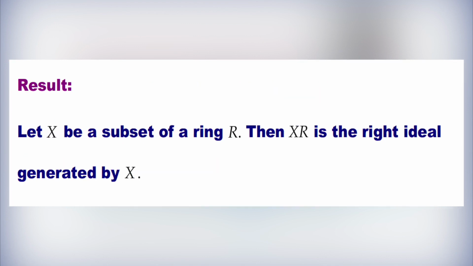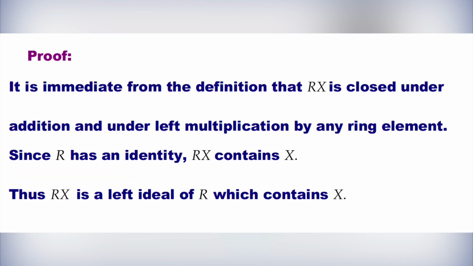Let us see a result. Let X be a subset of a ring R, then RX is the left ideal generated by X. The proof: it follows immediately from the definition that RX is closed under addition and under left multiplication by any ring element.